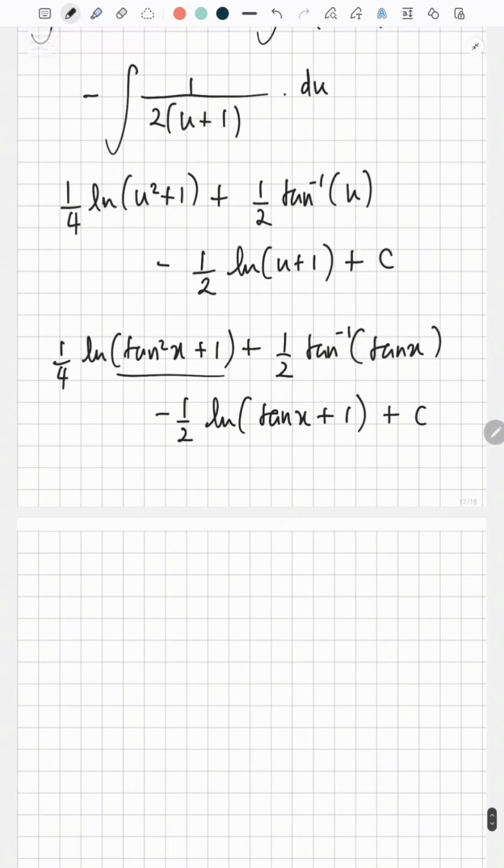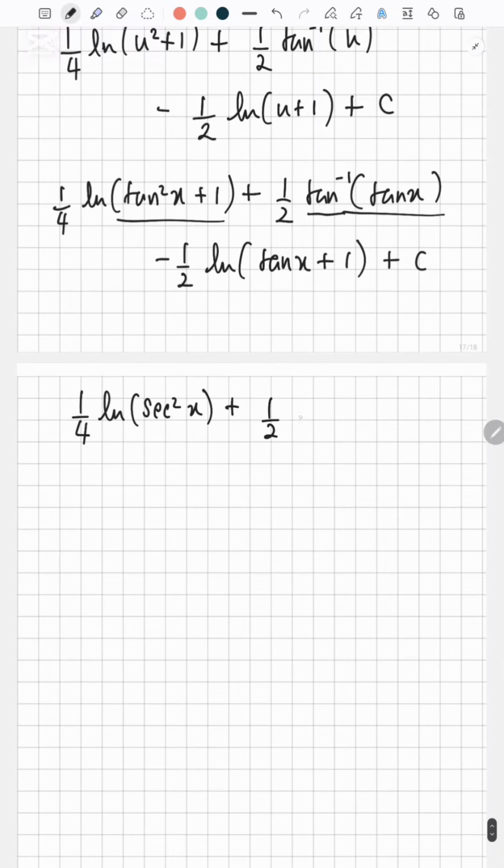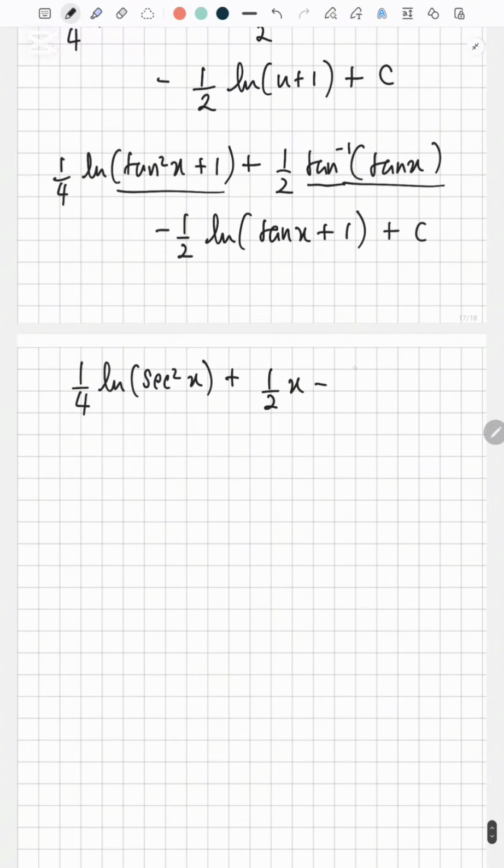So what is this? You can write that as, tan squared x plus 1 is sec squared, right? So 1 over 4 ln sec squared x, plus tan inverse tan x is x. You should know that. Tan inverse with tan x inside is x. So that's just going to give you x, minus half ln of tan x plus 1, plus c.